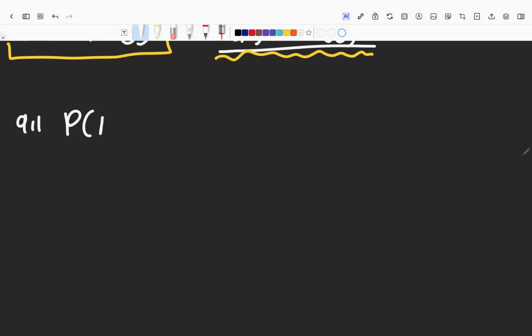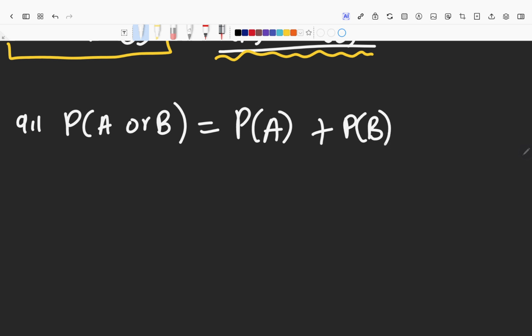The probability of A or B is equal to the probability of A plus the probability of B minus the probability of A and B. Make sure you don't confuse yourself. So this is basically the mother equation.